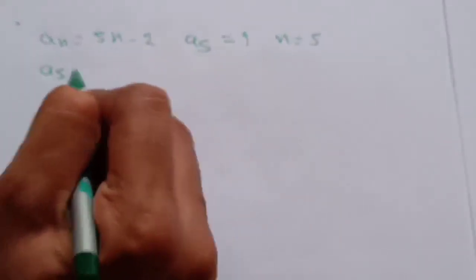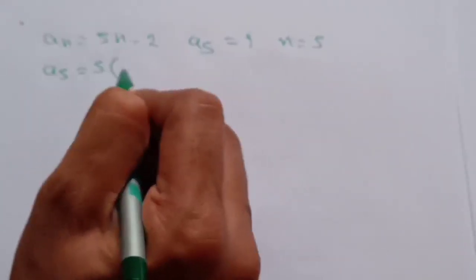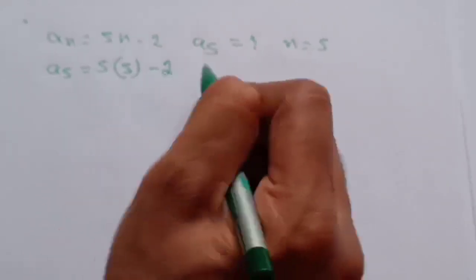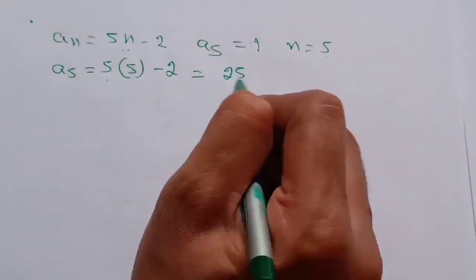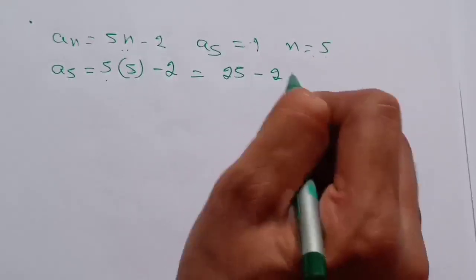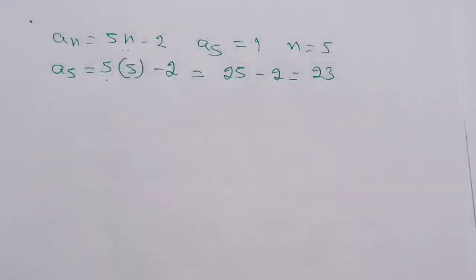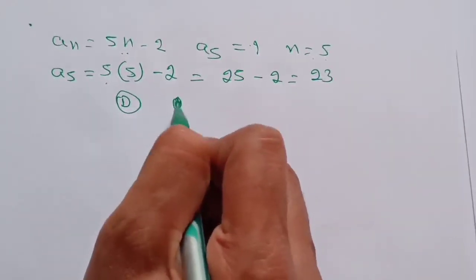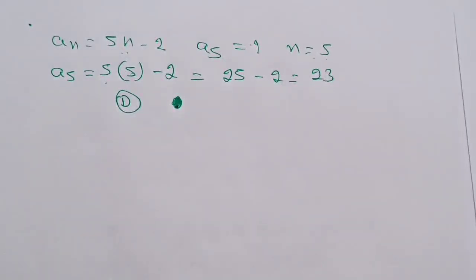So A5 equals 5 into 5 minus 2. So 5 fives are 25 minus 2. The answer is 23. Which option is correct? The D option will be correct, so you need to shade D. This is the answer for the an equals 5n minus 2 question. Next question.